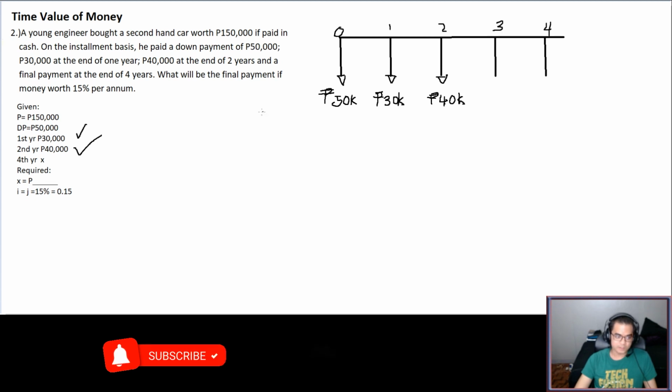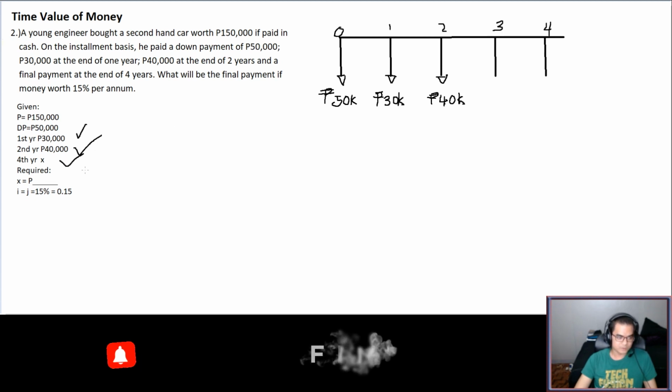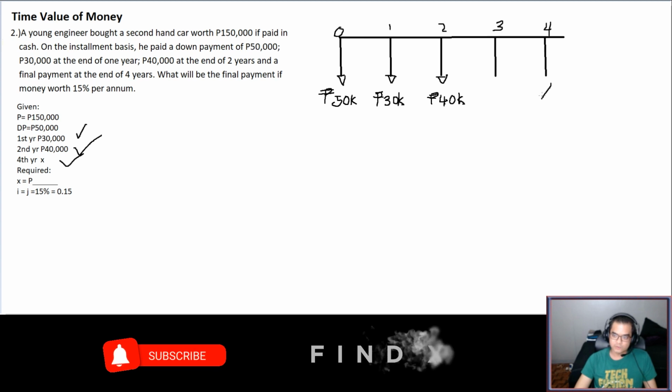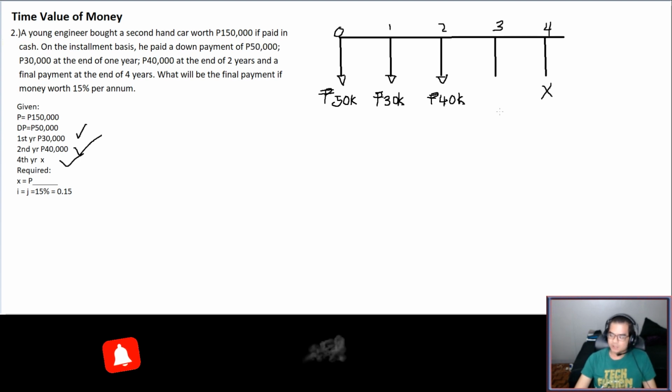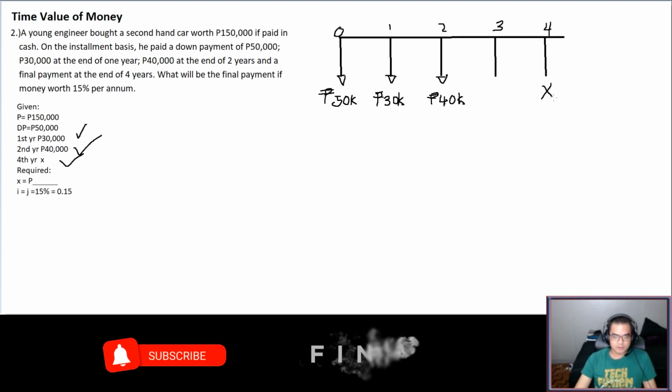We don't have any payment at the third year, but we have a payment at the fourth year, which is a value of X. That is what we are required to find. These are the total payments of the car, the total price.